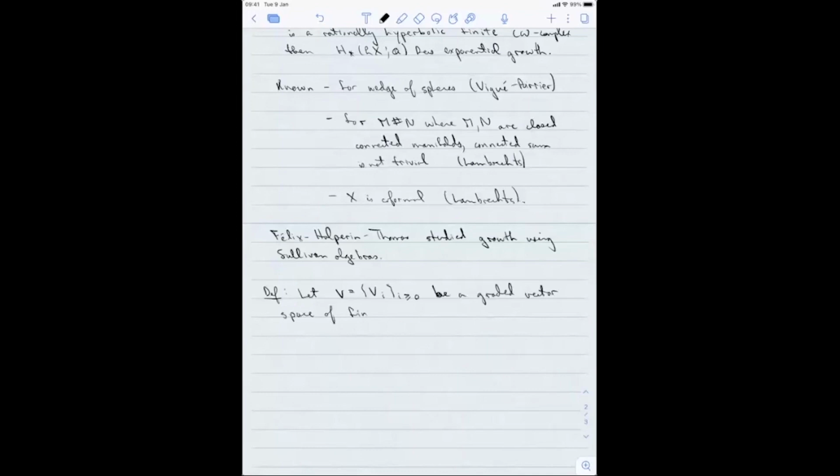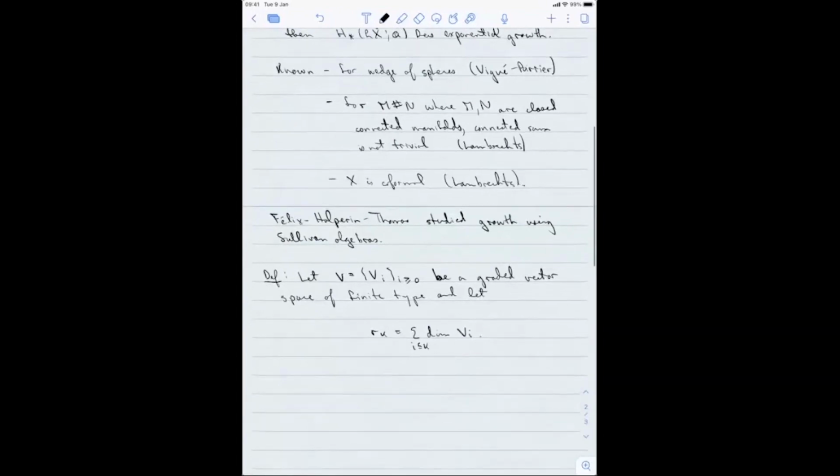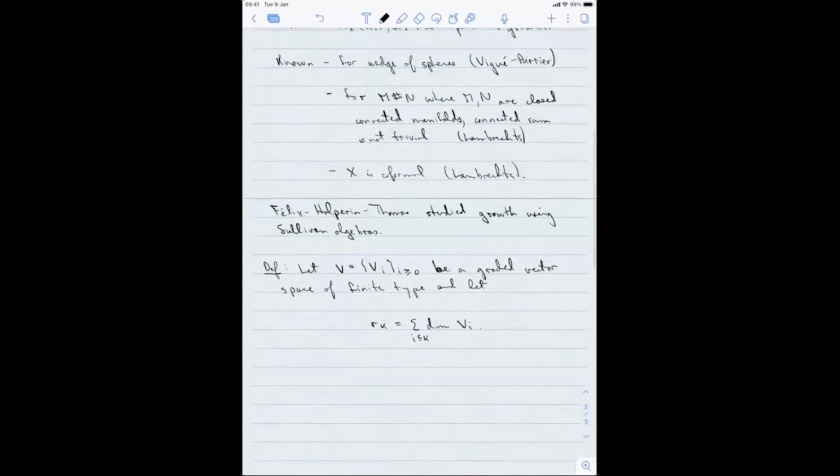It has finite type. And let R_k equal the sum of the dimensions of the V_i for all i less than or equal to k. So you're looking at the accumulated growth of the generating summands within the V_i.